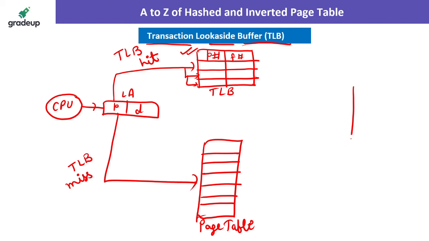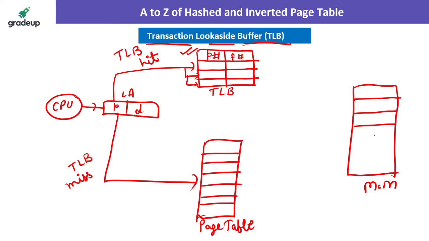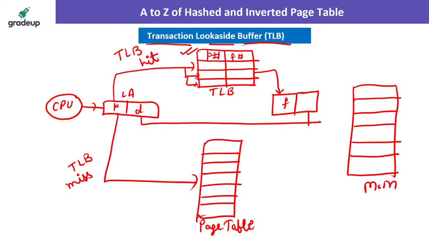Right, and here this is my main memory, and in the main memory I have frames. Now if I find it, then I will take the frame number from here, and the same offset D I will map to here, and this will become my complete physical address.